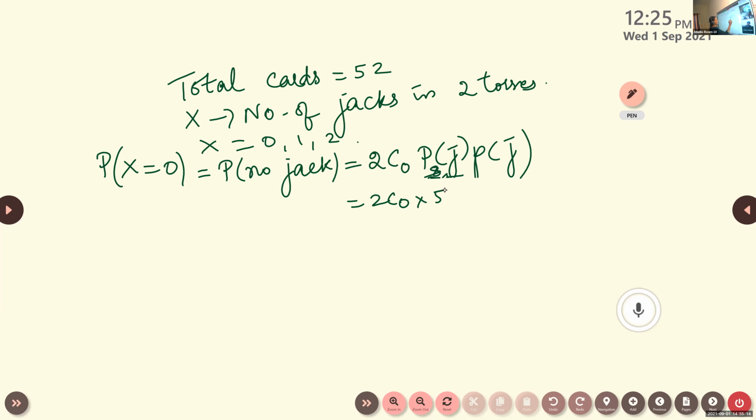Okay, 2C0 into 48 by 52 into 47 by 51. 2C0 is 1 by... what is 52 into 51? Simplify this, children.